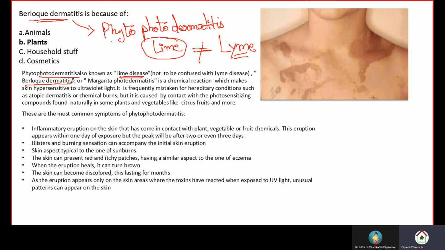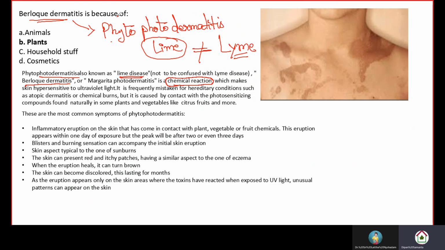It is also called Barlock dermatitis, which is basically a chemical reaction. Chemical dermatitis is dermatitis due to chemicals that are found in plants, in simple words. A chemical reaction that makes skin hypersensitive to UV rays.